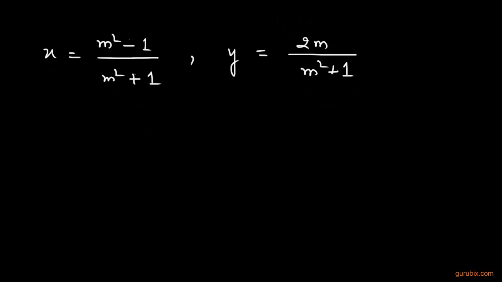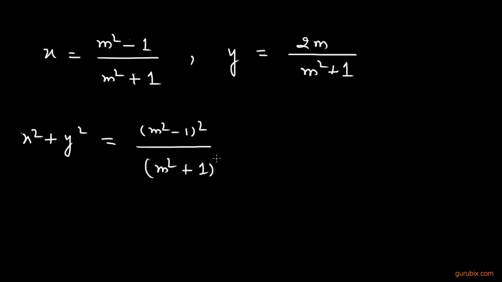So now we have the value of x and y, and now we have to calculate x square plus y square. If we calculate x square plus y square, then we have to find the square of m square minus 1 over square of m square plus 1, and square of 2m over m square plus 1.